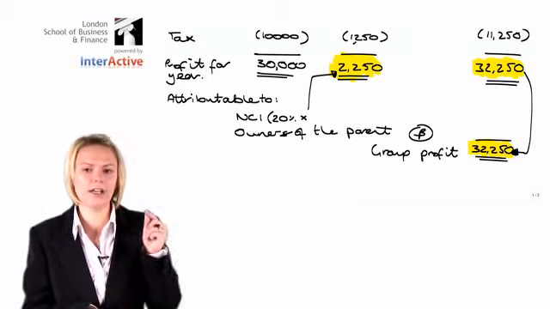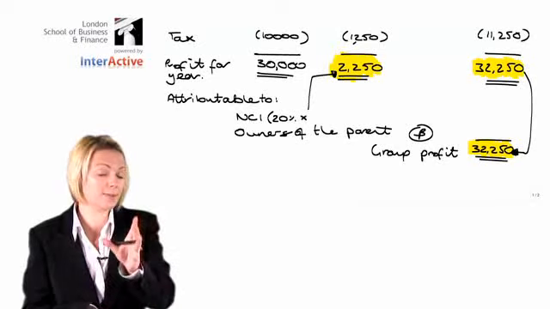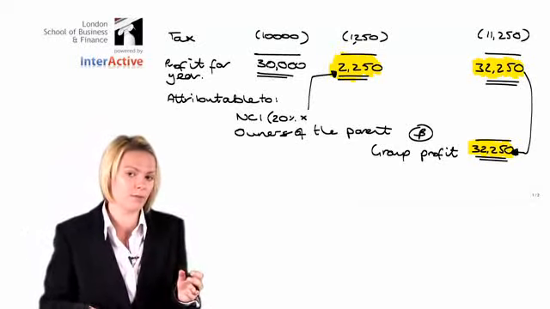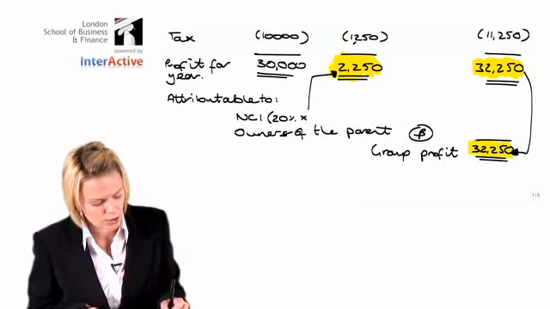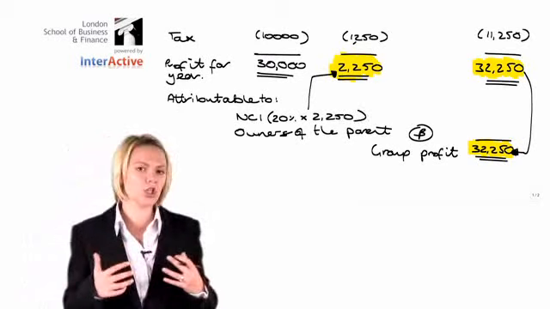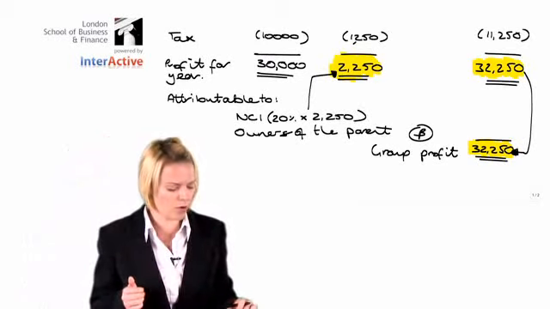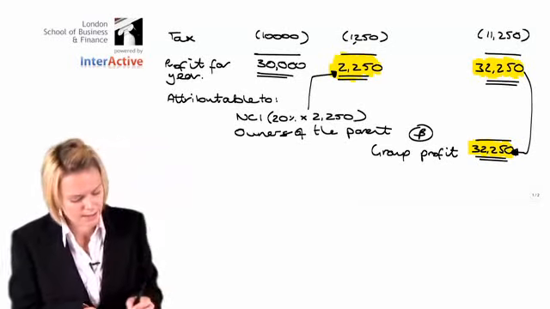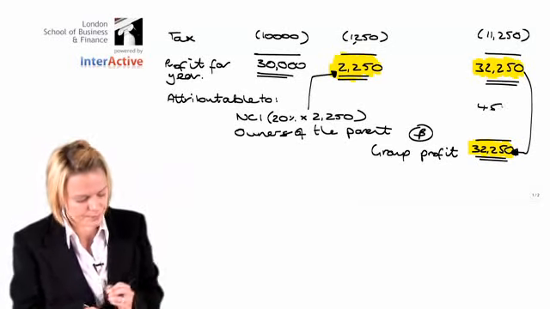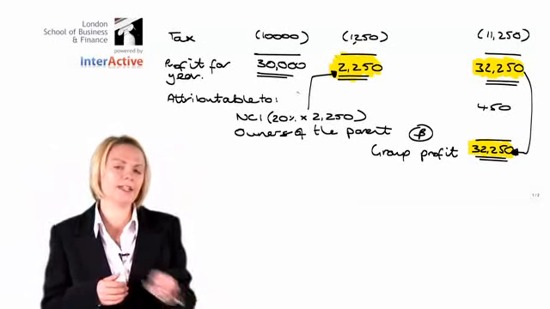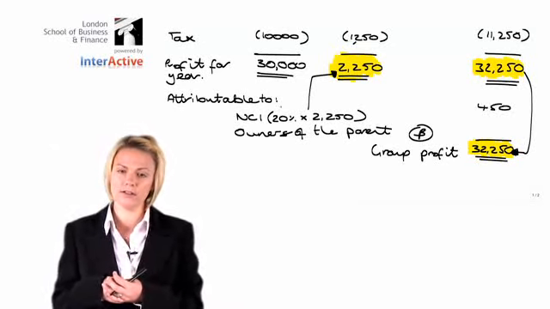Remember, the NCI own 20% of the subsidiary. They do not own 20% of the parent as well. So, 20% of 2,250 is what we're going to give to the owners of the non-controlling interest in the subsidiary. And that's going to give us 450.